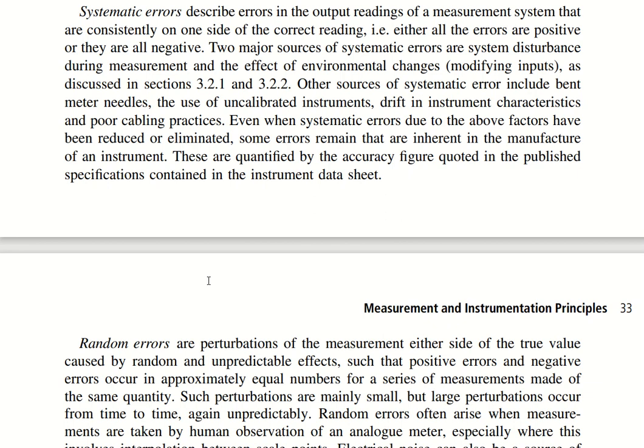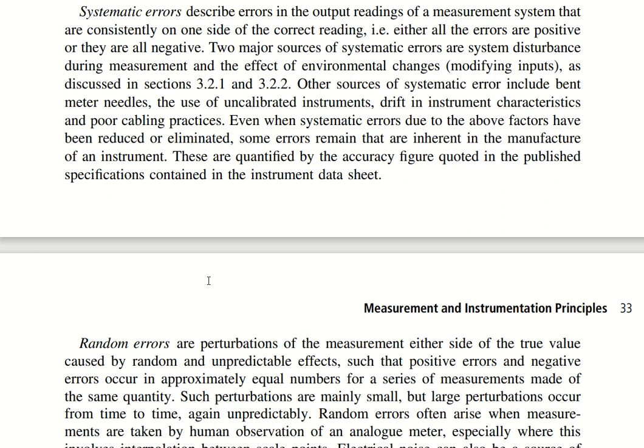Two major sources of systematic errors are system disturbance during measurement and the effect of environmental changes, or you can also put it as modification of inputs, because due to environmental changes you will see modification or changes in inputs.